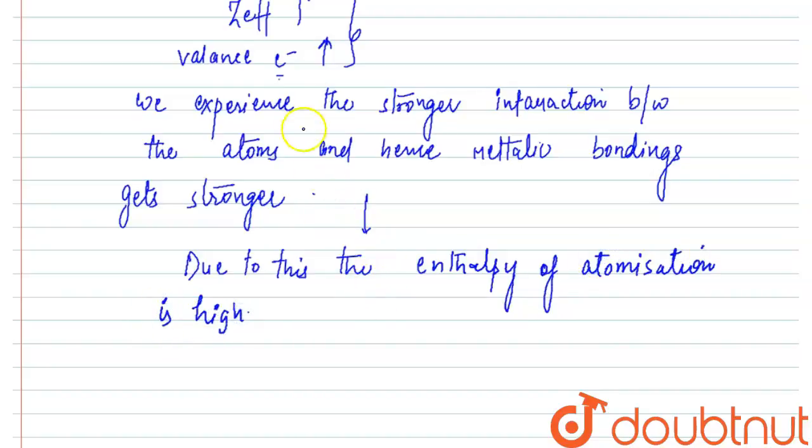Just because of the increment of Z effective and valence electrons, we see a stronger interaction between atoms, and metallic bonding is getting stronger. When these are brought into the picture, we see that the enthalpy of atomization is also getting higher and higher, right?